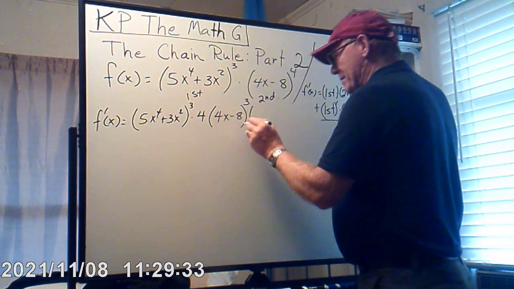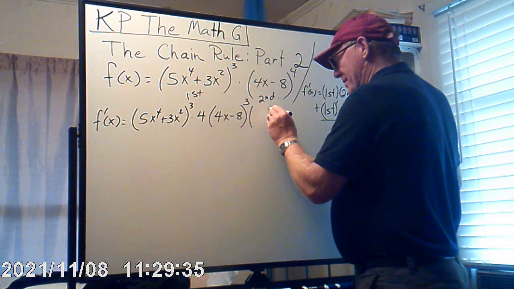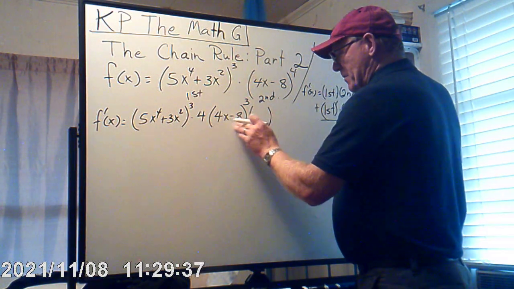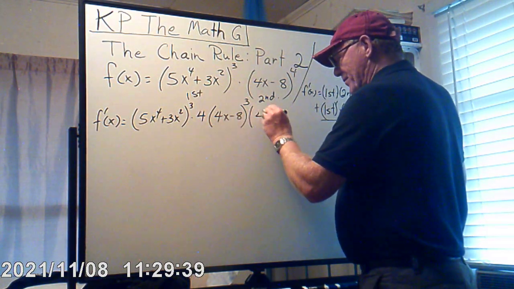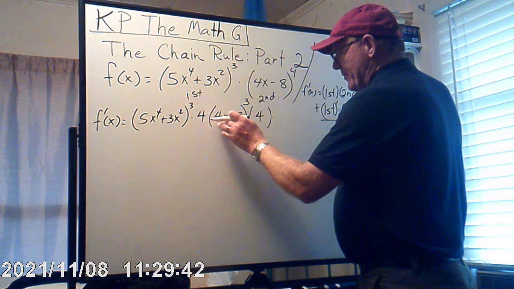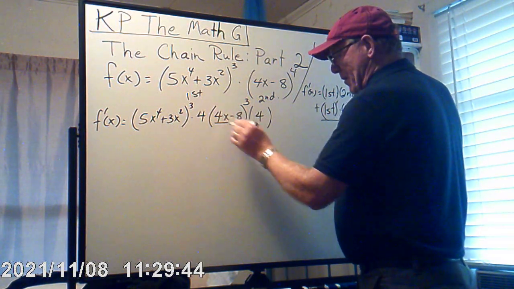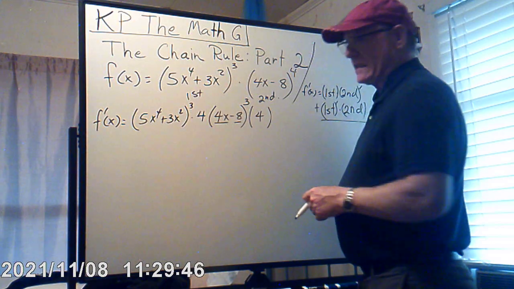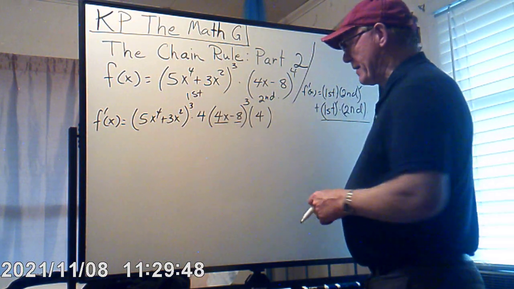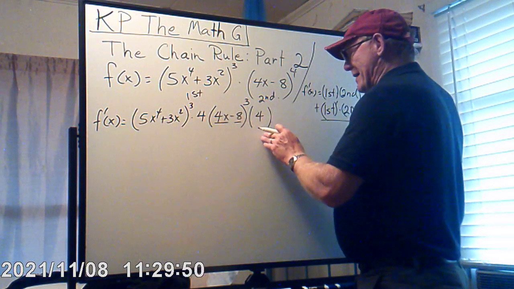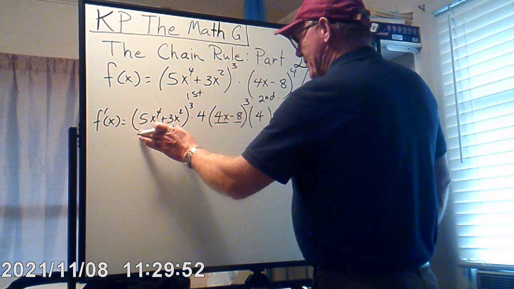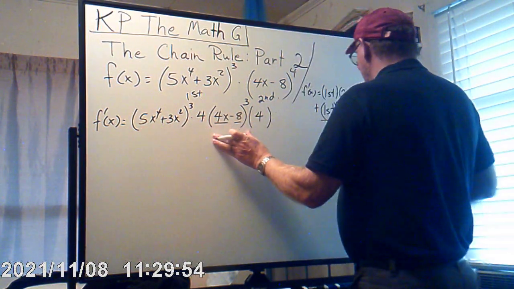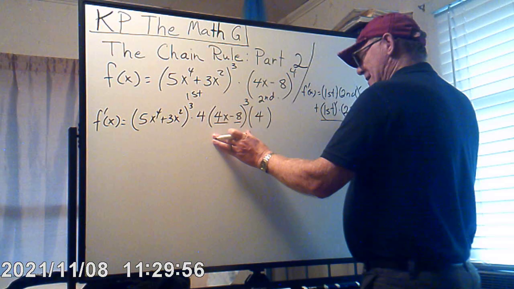And then down here we do the derivative of this, which the derivative of 4x minus 8 is simply 4, because the derivative of 4x is 4. Remember, the derivative of a constant is 0. Alright, so that is the first times the derivative of the second.